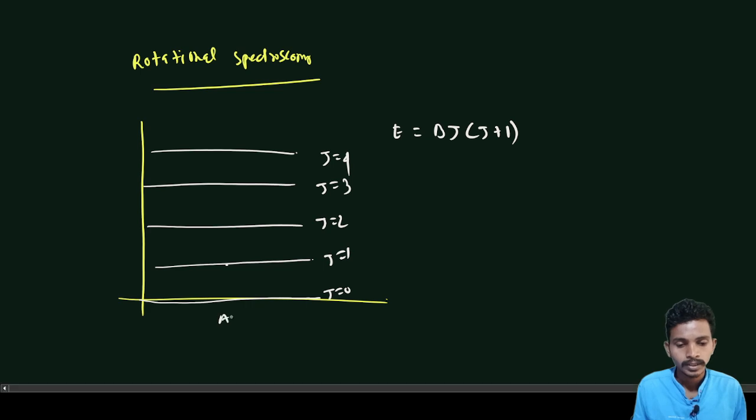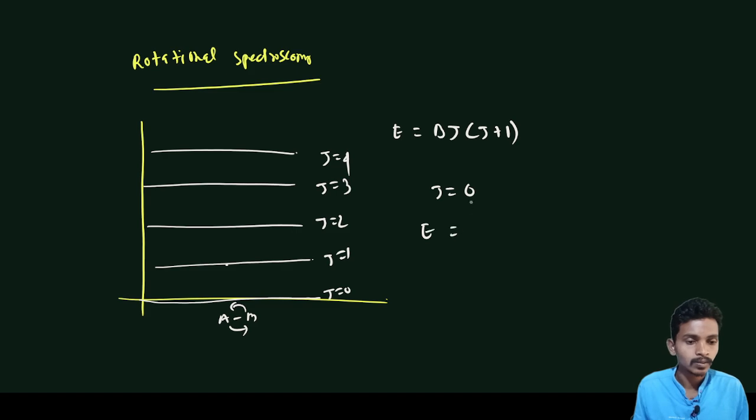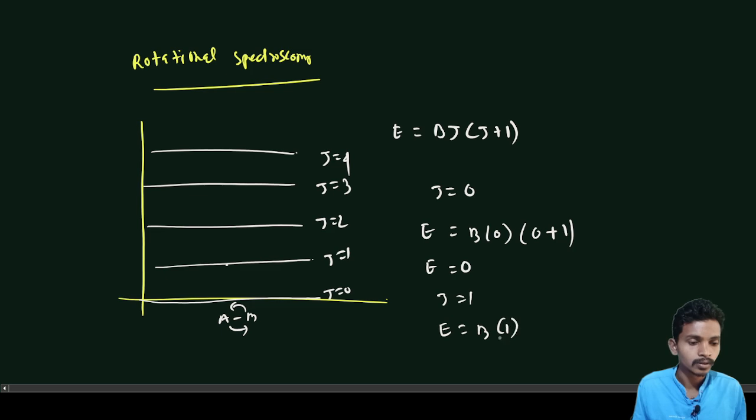Here the molecule AB is rotating. Whenever j equal to 0, E is equal to B times 0 times (0 plus 1), so E equal to 0. And whenever j equal to 1, we see that E equal to 2B.